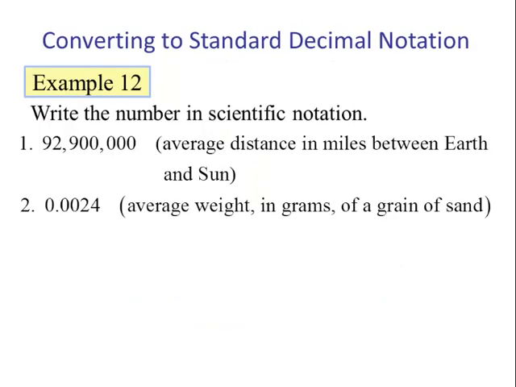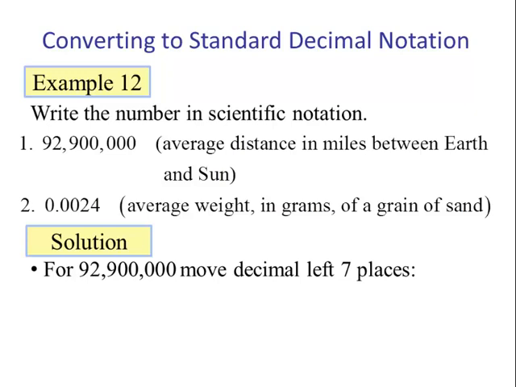Example 12. Write the numbers in scientific notation. 92,900,000. That's the average distance in miles between Earth and the Sun. Number 2, 0.0024. The average weight in grams of a grain of sand. Solution?